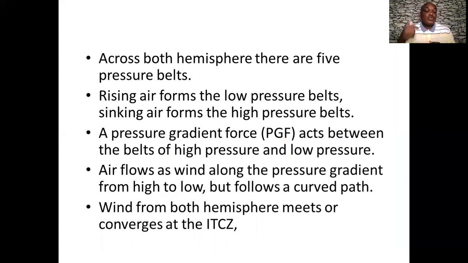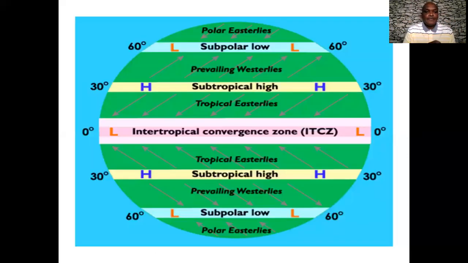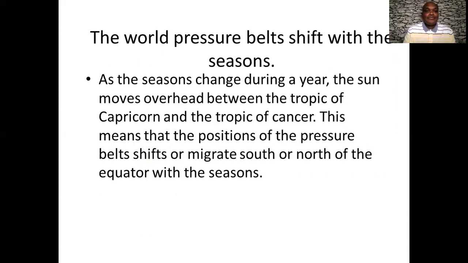We are going to discuss why it follows a curved path. In the intertropical convergence zone, wind from both hemispheres meets or converges in the equatorial low.